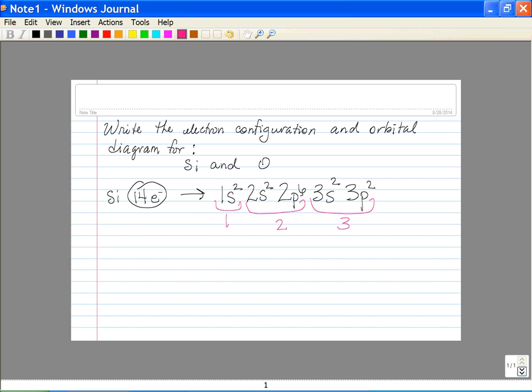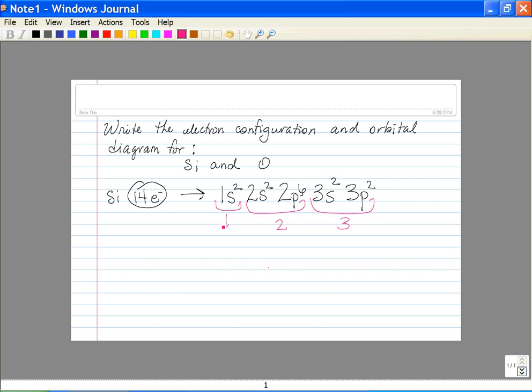So if I write the orbital diagram for this, what I'm going to do is write all three energy levels with each of its orbitals written out individually. And then I'm going to show the individual electrons as arrows in each one of those orbitals. And remember, we have a few rules here. The first one is we occupy the lowest energy orbitals first.